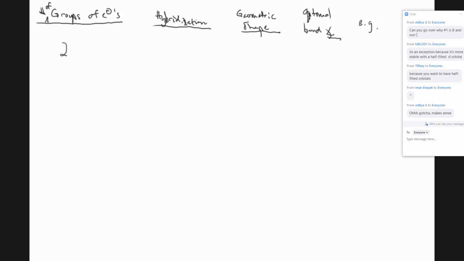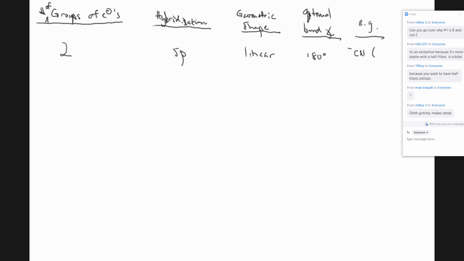So when you have two groups of electrons, you're going to need one s orbital and one p orbital, so they become sp hybridized. Geometric shape is linear. Optimal bond angle is 180 degrees. Perfect example of this is your cyanide, right? CN minus.